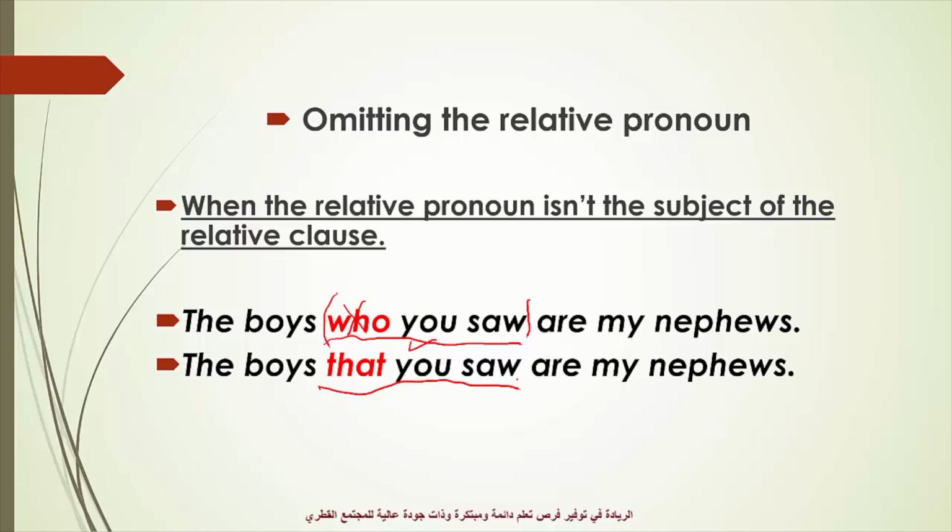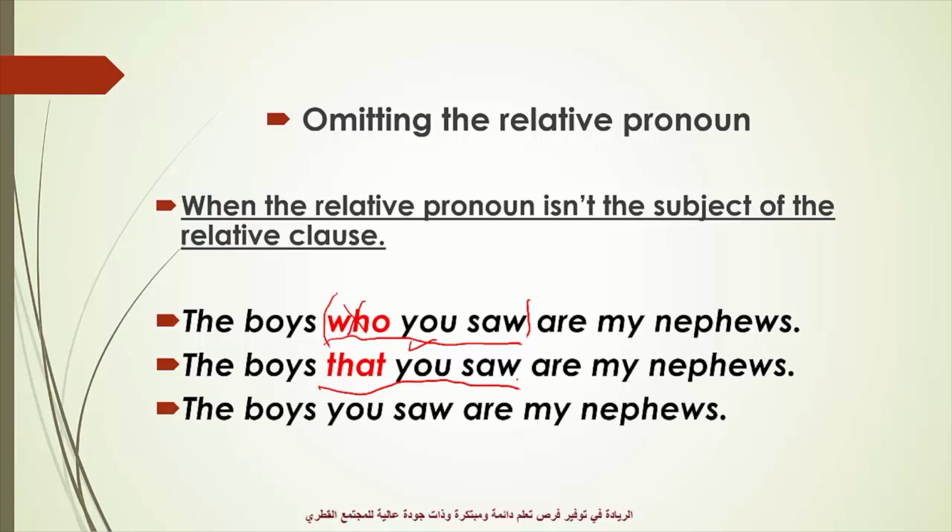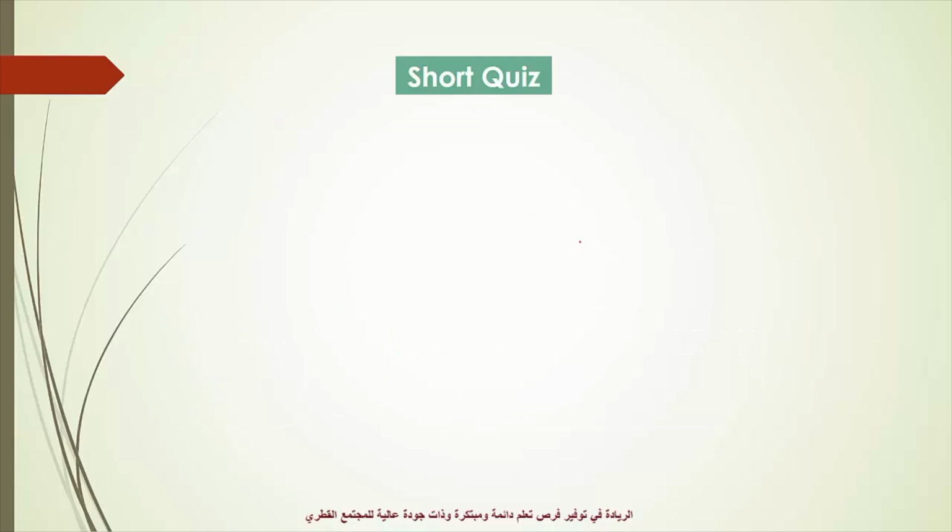So we could also say the boys you saw are my nephews without the relative pronoun. So we can omit or drop the relative pronoun when this relative pronoun is not the subject of the relative clause.